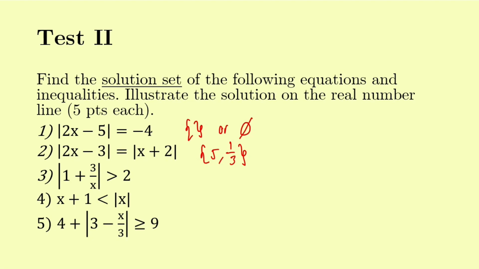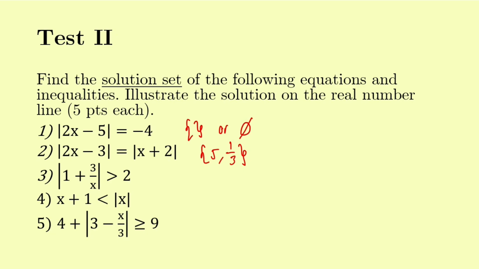For the next item, we have an absolute value quantity compared to a constant using an inequality symbol. So we have the absolute value of 1 plus 3 over x is greater than 2. Kapag ganyan, absolute value tapos greater than, ang ating rule dyan is nasa labas tayo. Kapag less than 2 siya, nasa loob tayo.